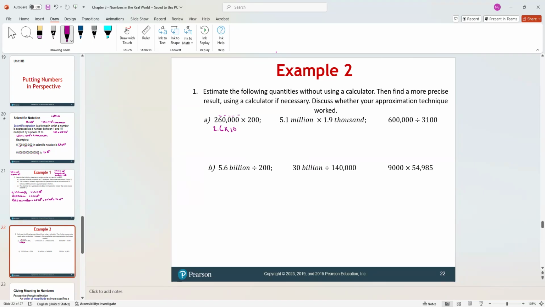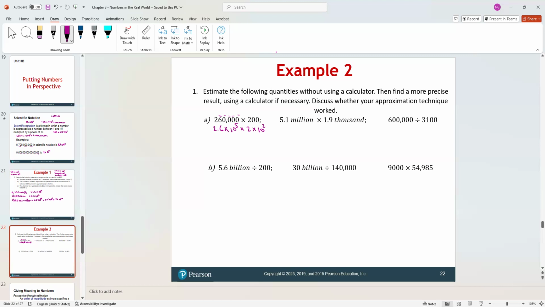So we can have 10 to the power 5 times 2 times 10 power what to make it 200? Yes, thank you, 2.